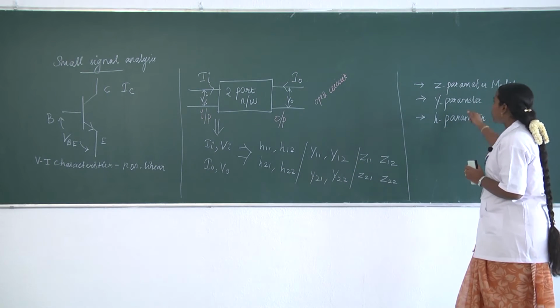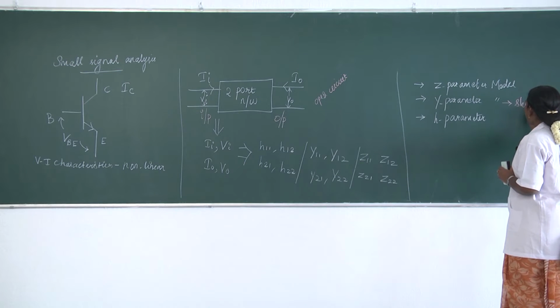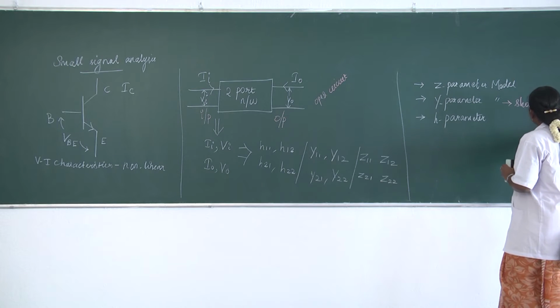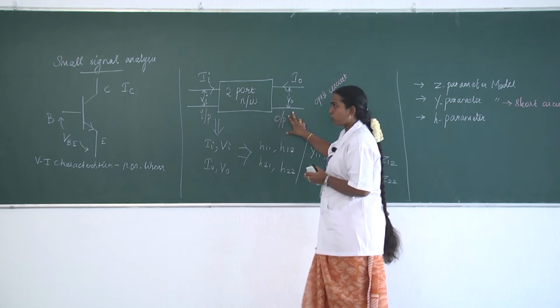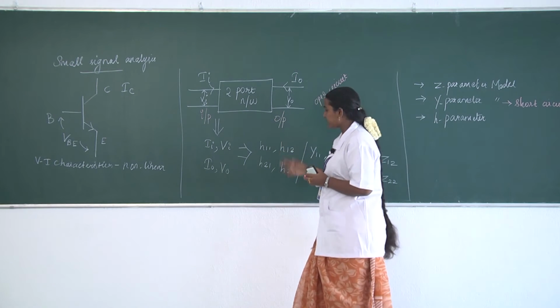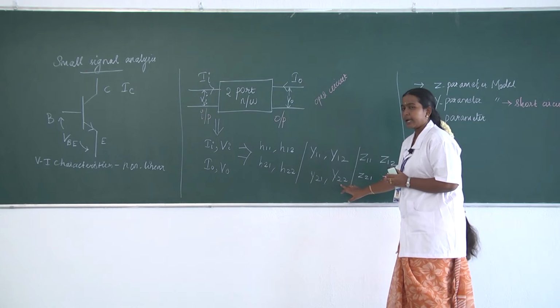If we are going for the Y parameters, then we will use a short circuit operation in either of the ports, namely the output port or the input port, to find the Y parameters, namely Y11, Y12, Y21 and Y22.